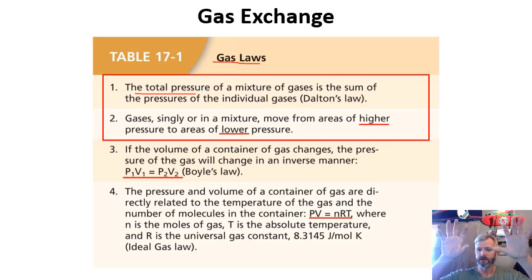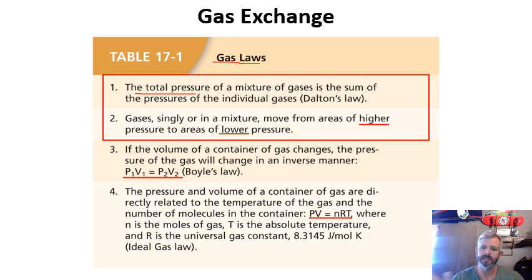Our environment is not made up only of oxygen. Oxygen's only 21%. The big bulk of gas out there is nitrogen. But the partial pressures of all the gases out here, CO2, O2, nitrogen, create the total pressure. Okay, so the total pressure, that 760 millimeters of mercury that we have out here, is the sum of all the partial pressures from those different gases.